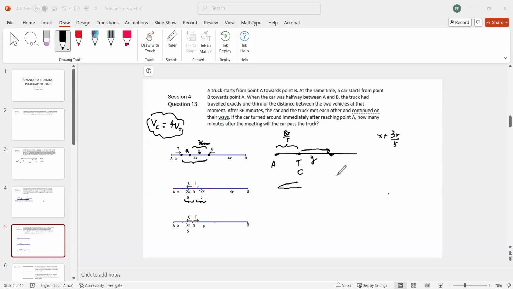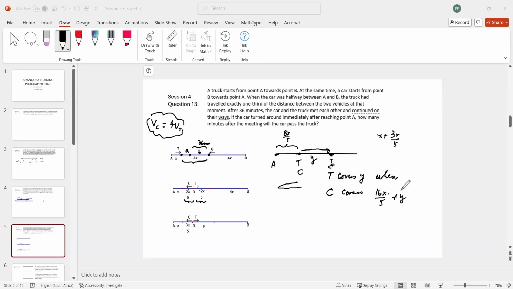So the truck covers a distance of Y when the car covers, now it's double this, the 8x over 5, it comes back, so it's 16x over 5, plus that Y, whatever the truck has covered, and this is where the truck and the car meet.